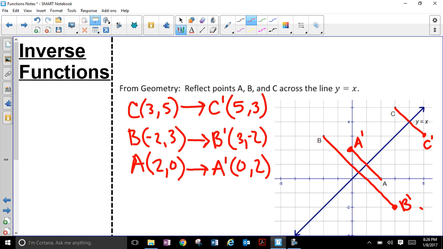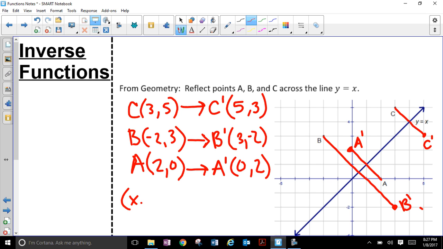Well, hopefully you see the pattern. Notice that on C to C prime, just the X and Y values change. So what was the X value is now the Y value of C prime. And what was originally the Y value is now the X value of C prime. And that happened for all of these. So whenever we reflect over the y equals x line, this is what we're doing.